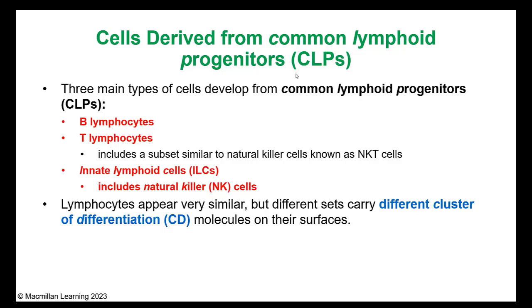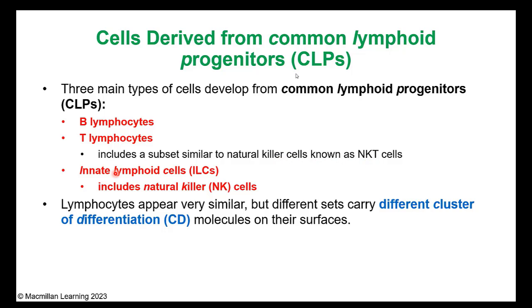So here, you have cells that are derived from your lymphoid progenitors. They're called common lymphoid progenitor cells. You can imagine if it is lymphoid, it's going to be B and T cells. So of course you have your B lymphocytes, your T lymphocytes, and then there is a subset of these T lymphocytes that develop into natural killer cells.